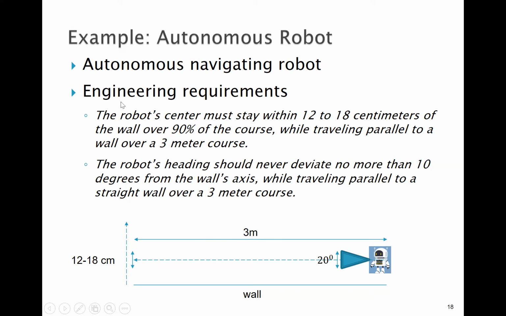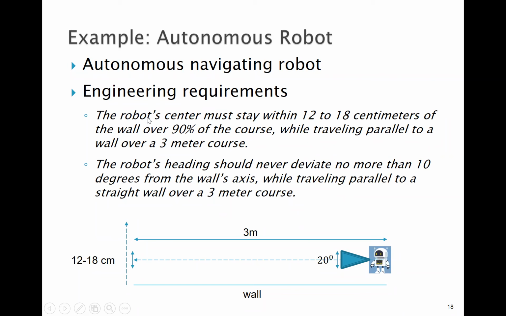So here you can see the engineering requirements for this. The robot center must stay within 12 to 18 centimeters of the wall over 90% of the course, while traveling parallel to a wall over a 3-meter course.